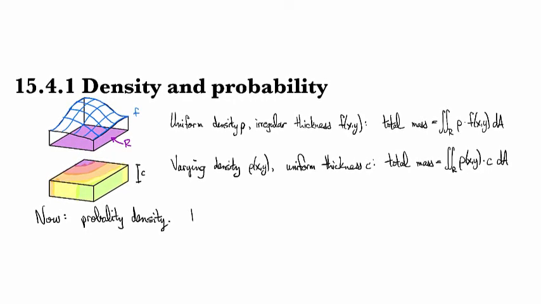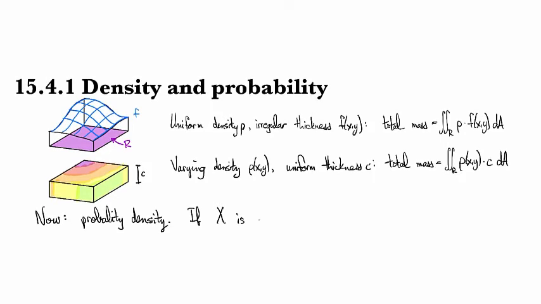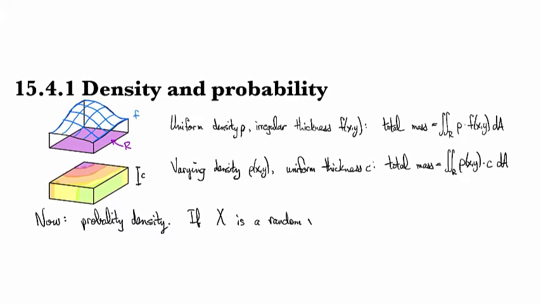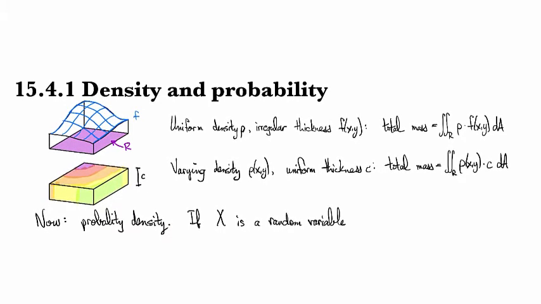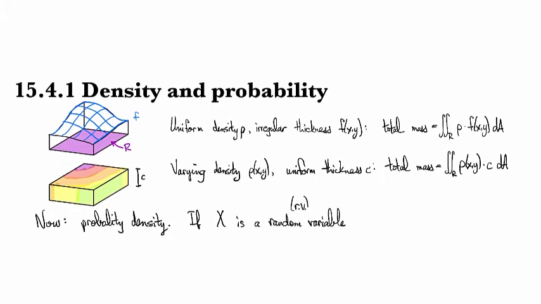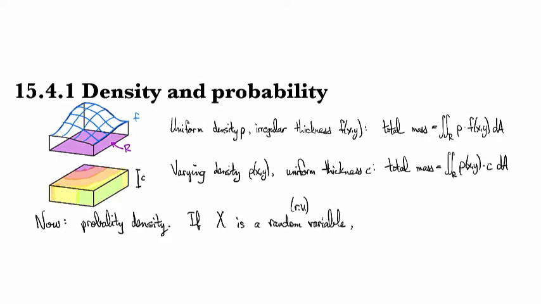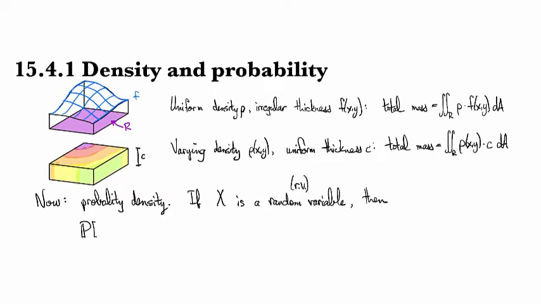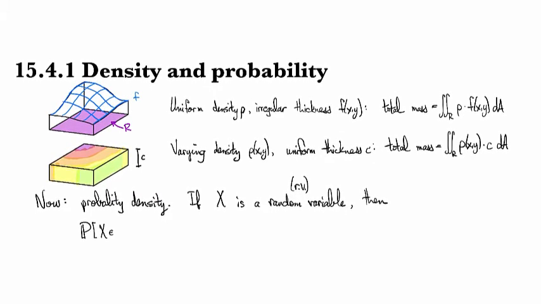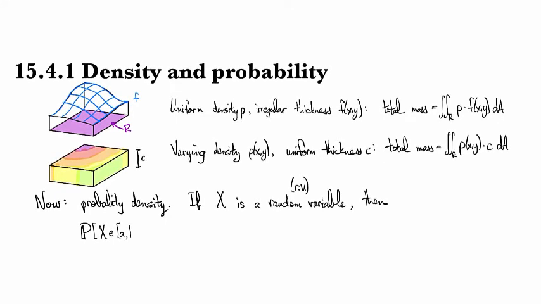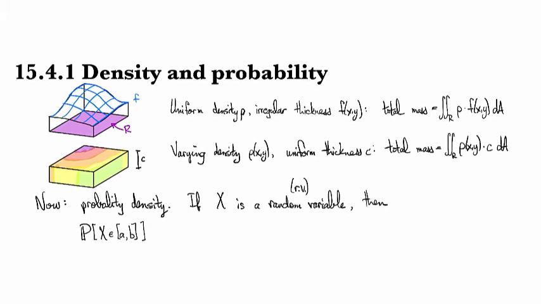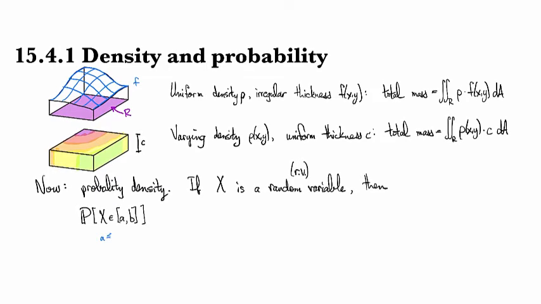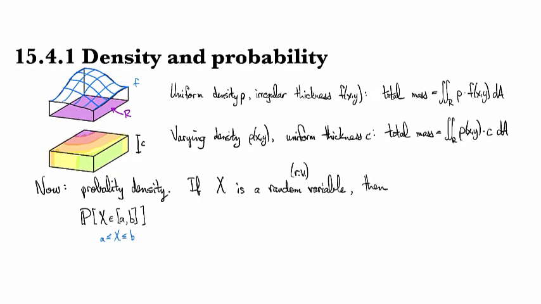So we say that in one variable, if x is a random variable, the numerical outcome of a random experiment, and I'll denote this by RV from now on, then the way we model it is we say that the probability that x takes a value in a given set, in other words, the probability that x ends up lying in the interval from a to b, you might see this written as the probability that the value of x is between a and b, same thing.